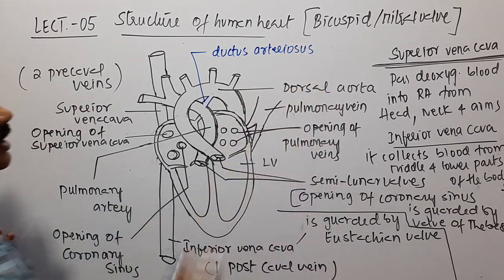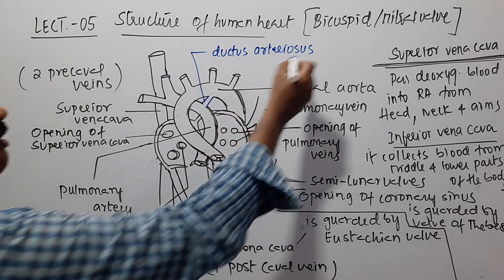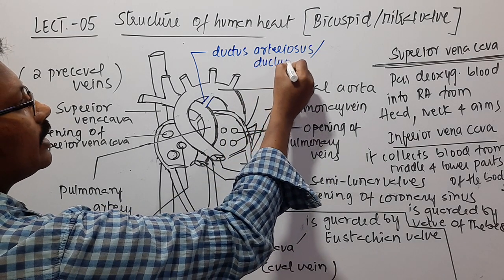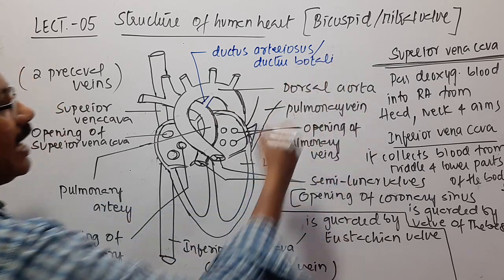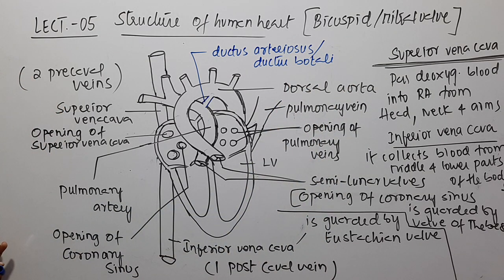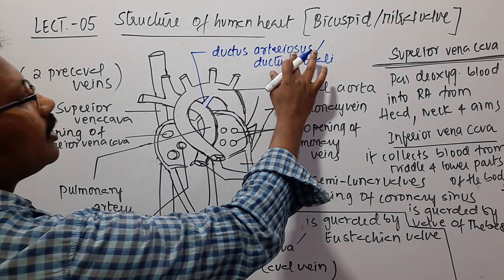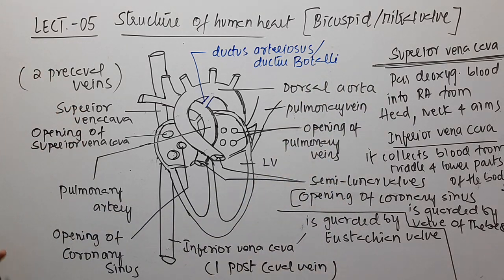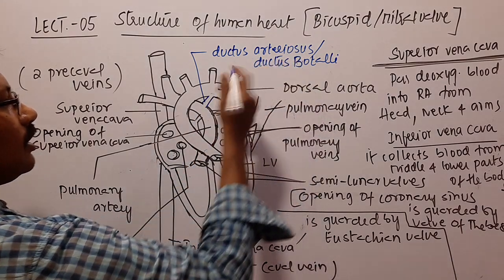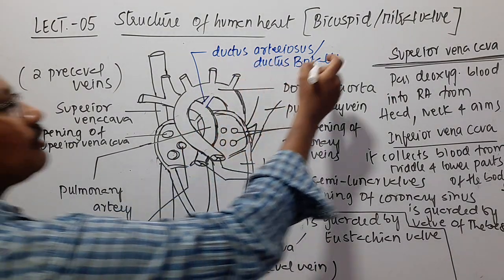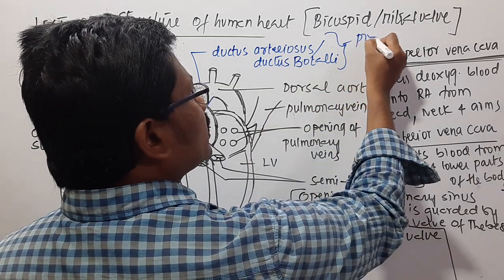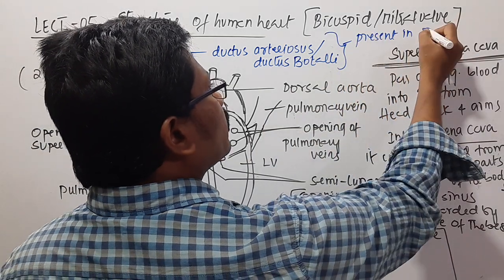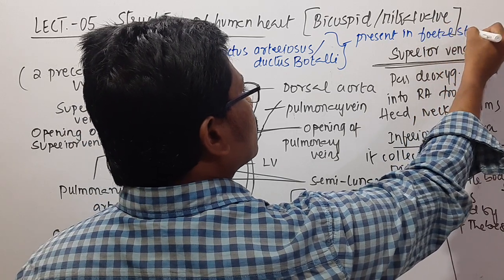It also has another name, Ductus Botali, named after a person. Ductus Arteriosus or Ductus Botali. In the embryonic conditions you will see this. I'll mention, present in fetal stage.